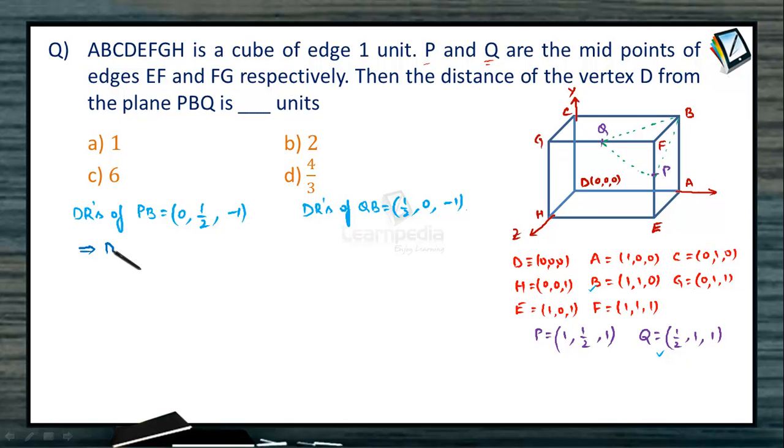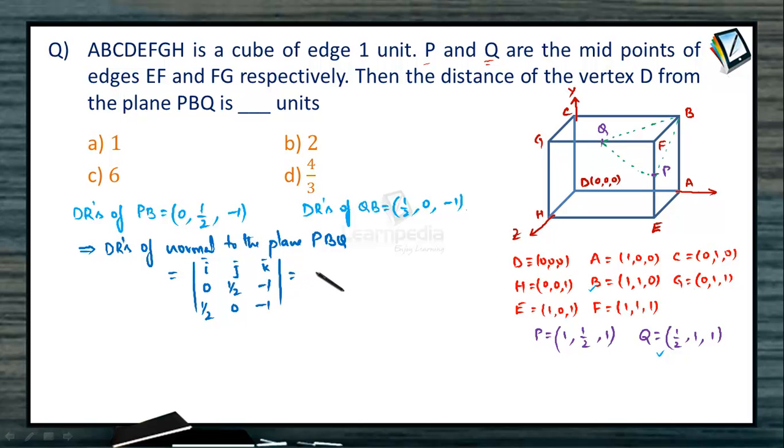Can we find the DRs of normal to the plane PBQ? Yes, we know two lines on the plane. So their cross product, DRs cross product, would give us the DRs of the normal to the plane. So how will it be? It would be i, j, k components wise, and the DRs of PB line, that is 0, half, minus 1, and the DRs of QB line, that is half, 0, minus 1.